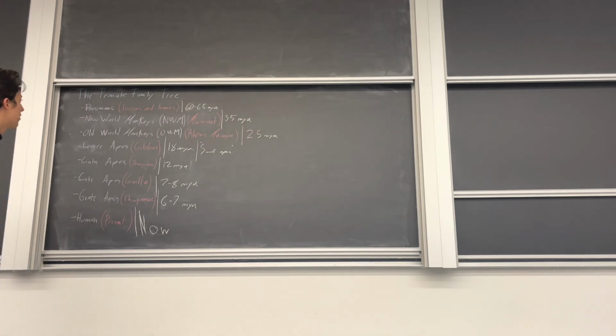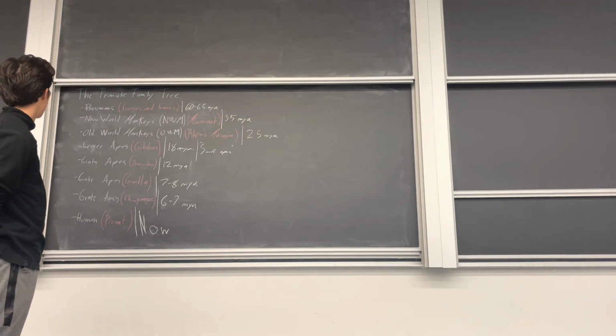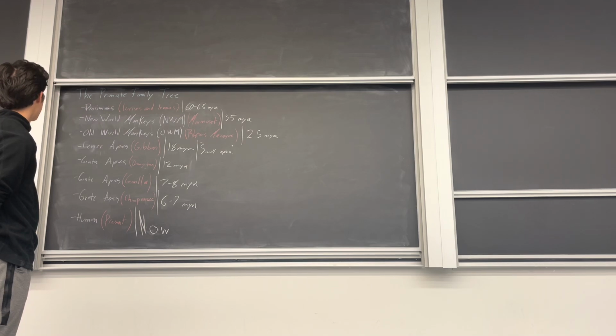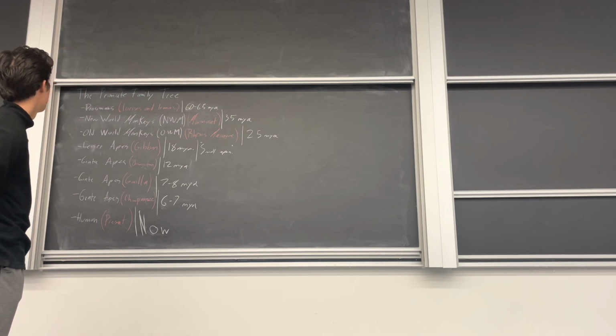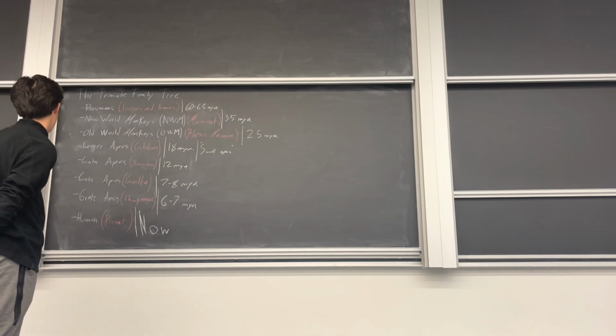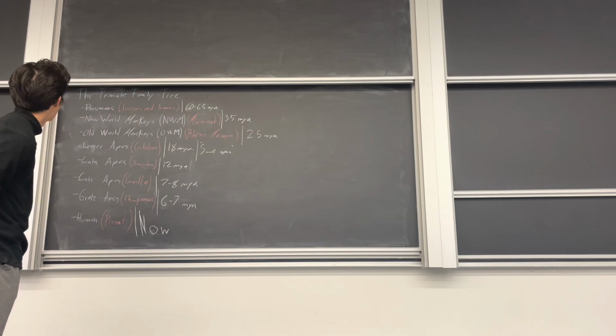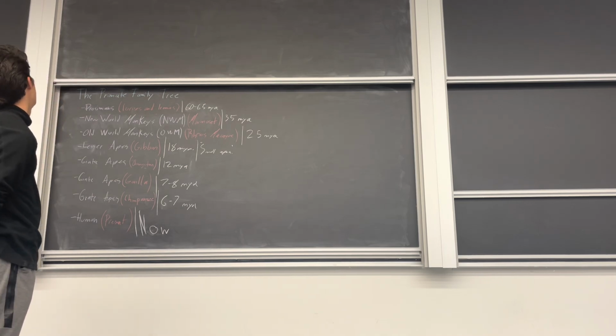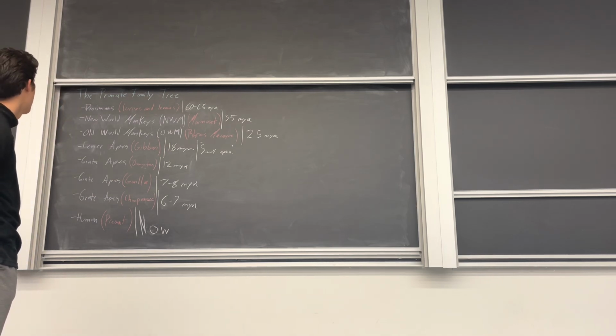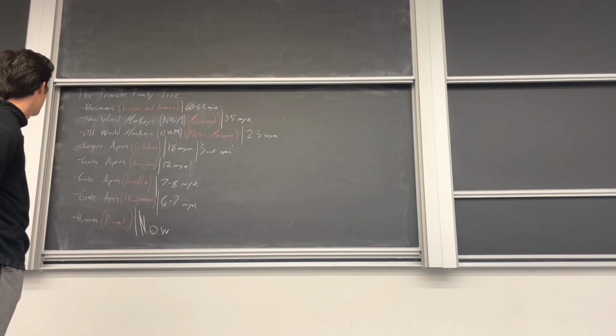How to memorize this? Pro, new, old, lesser, great. It's prosimians, new world monkeys, old world monkeys, lesser apes, great apes, and human.